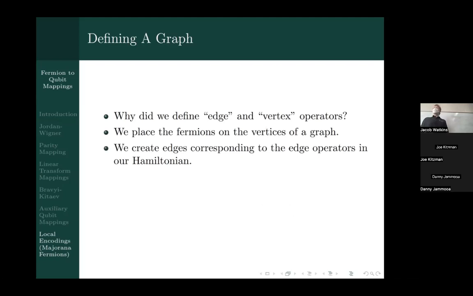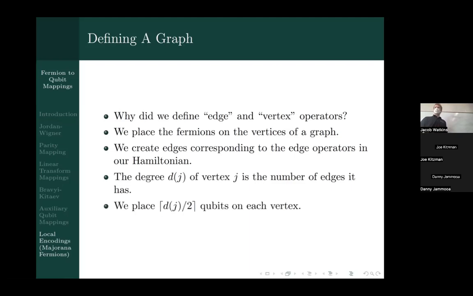For many of the cases we think about, this is just going to be a square lattice, but in principle this works with any sort of graph. And we can define the degree of a vertex by the number of edges that touch it. And we put half of the degree of the vertex as the number of qubits on each vertex.